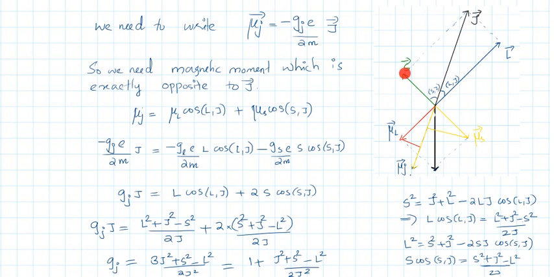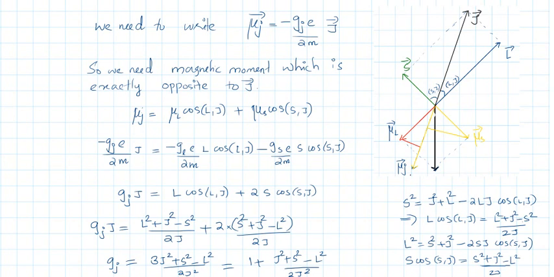Similarly, if you apply the cosine law in this triangle, this side is L, so L square is j square plus s square minus 2sj cos of the angle between s and j. These two are the cosine laws.